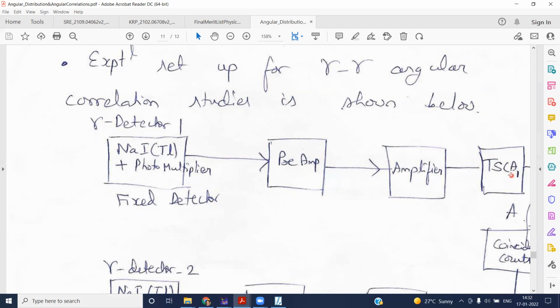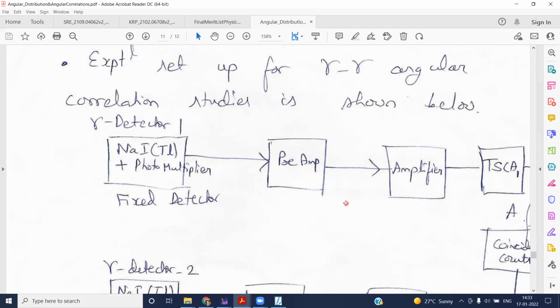I know how to detect 1 gamma ray using a single channel analyzer or a multi-channel analyzer. But now, if I have a timing single channel analyzer, then I can detect the other gamma ray coming from some other place with some delay.